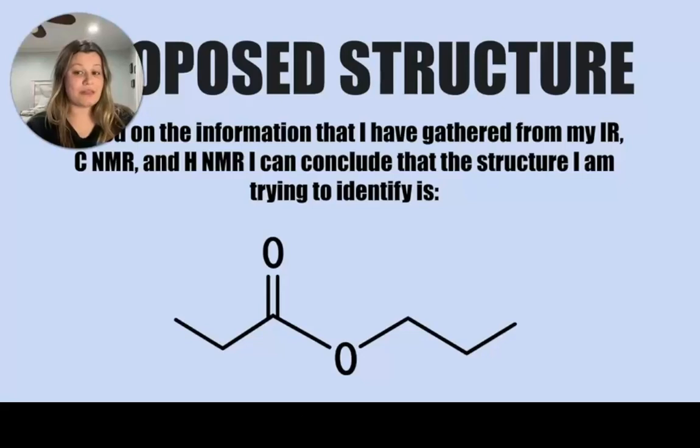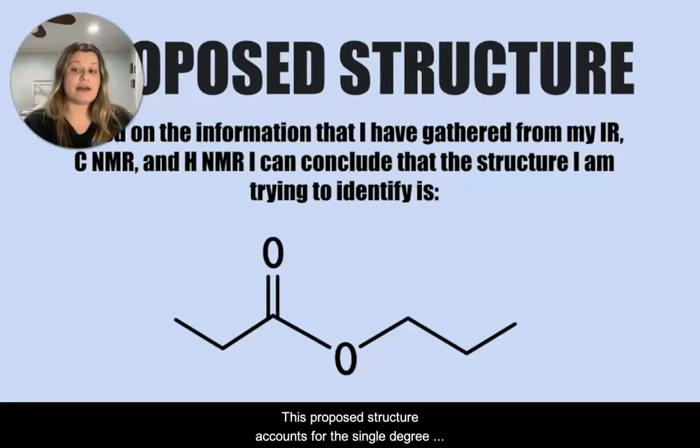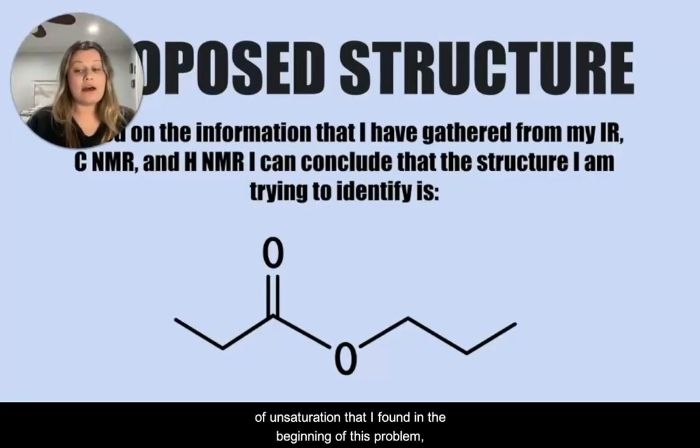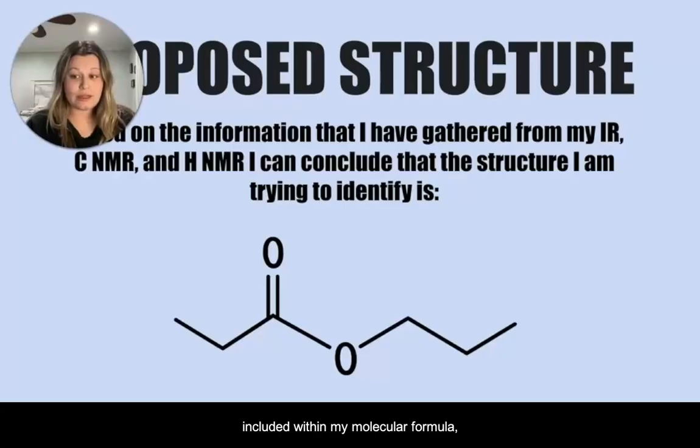Specifically this one. This proposed structure accounts for the single degree of unsaturation that I found in the beginning of this problem, as well as all 6 carbons, and both oxygens that were included within my molecular formula, as well as every NMR signal observed.